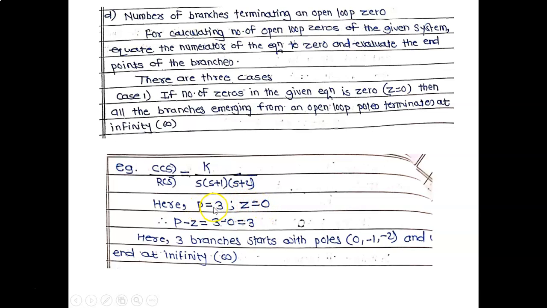Now P is equal to 3, Z is equal to 0, therefore P minus Z is equal to 3 minus 0, which is 3. Therefore here 3 branches start at poles 0, minus 1 and minus 2 and end at infinity because no zeros are there.